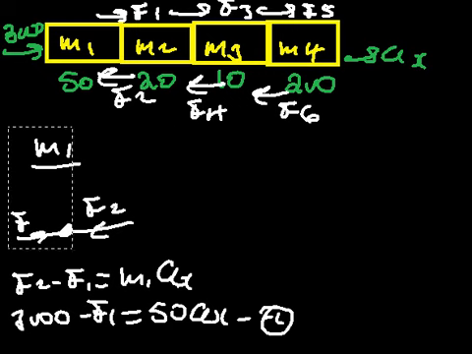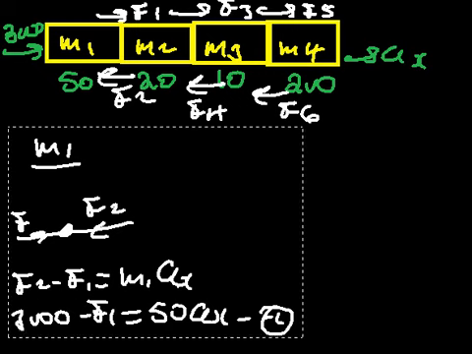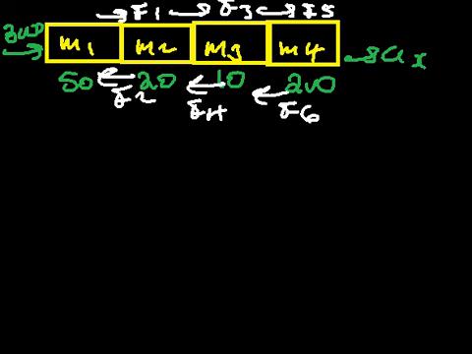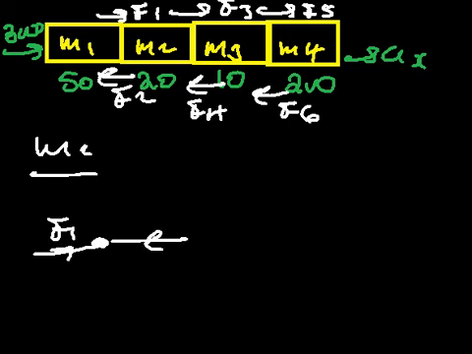And let's go for the system of mass 2. On mass 2, we have the free body diagram, and the forces acting are F1 and F4.